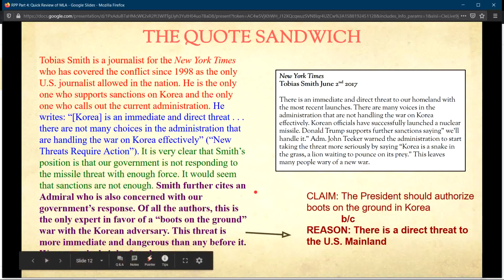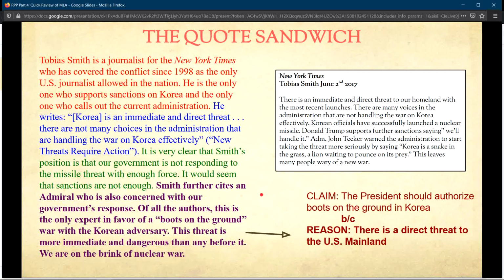And then they make a fourth move from there and connect it to their original thesis statement. Smith further cites an admiral who is also concerned with our government's response. Of all the authors, this is the only expert in favor of a boots-on-the-ground war with the Korean adversary. This threat is more immediate and dangerous than any before it. We are on the brink of nuclear war.